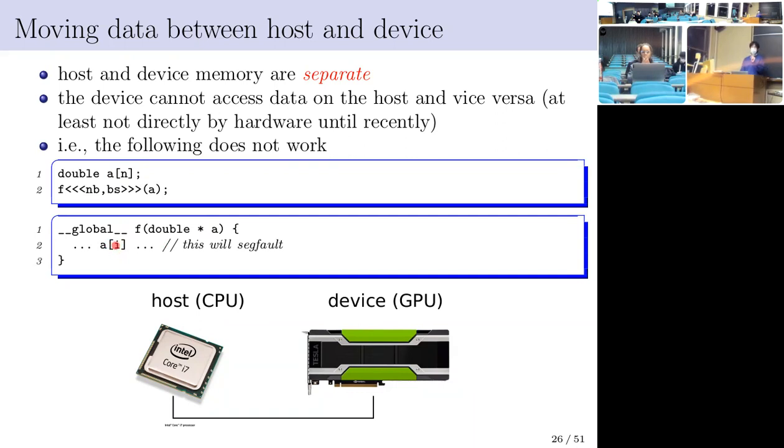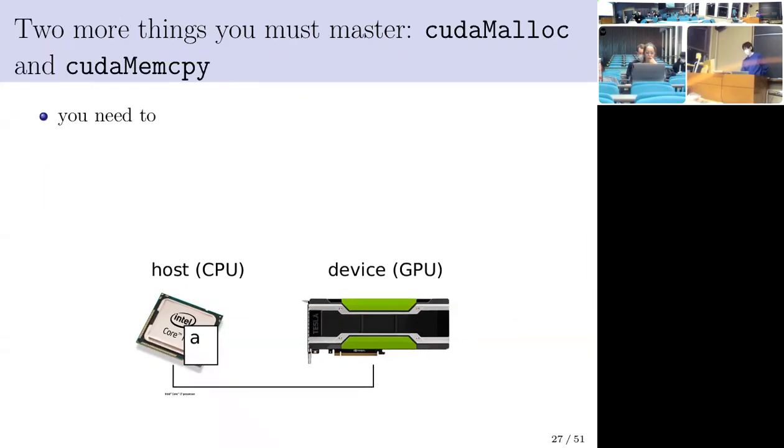It's not going to work. What actually happens is that this gets a segmentation fault or some similar memory access violation on the GPU side. So you have to do something about it. This is just an illustration. Don't forget.